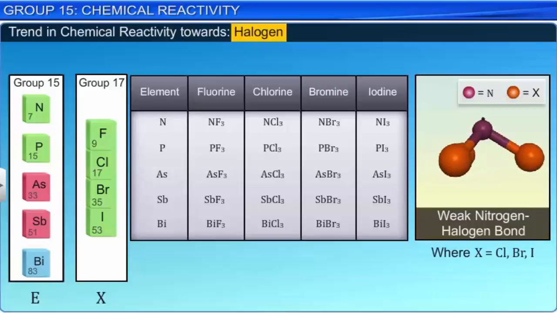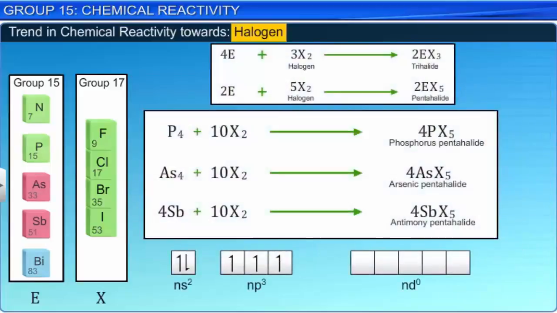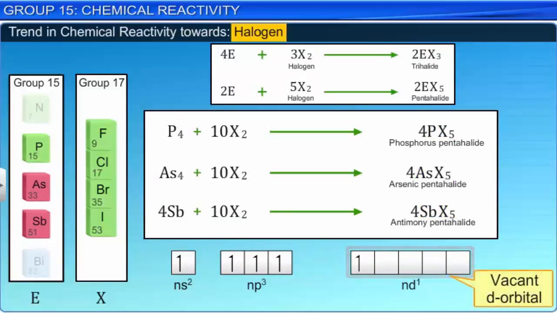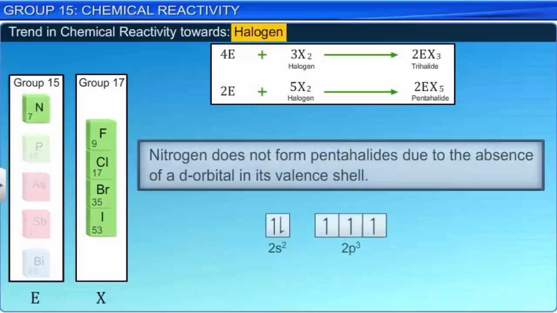Phosphorus, arsenic, and antimony form pentahalides due to the presence of vacant d orbitals in their valence shells. Nitrogen does not form pentahalides due to the absence of a d orbital in its valence shell.